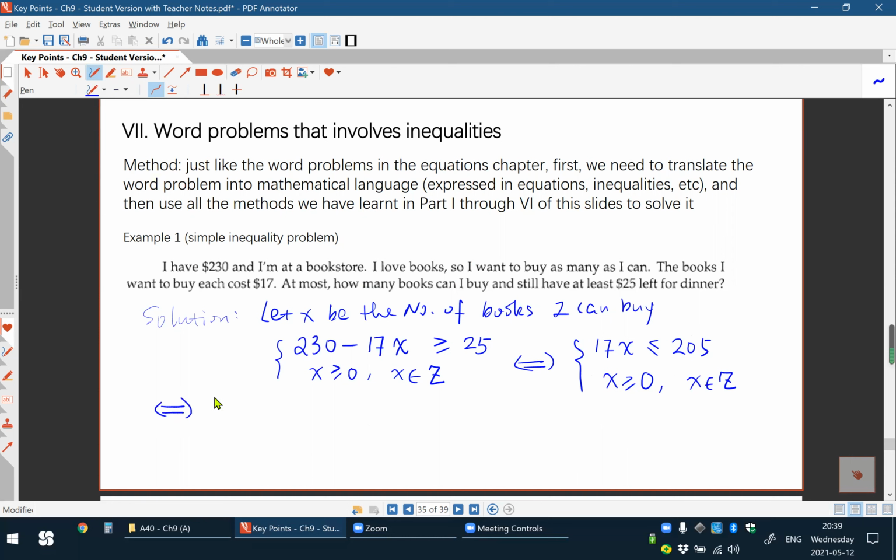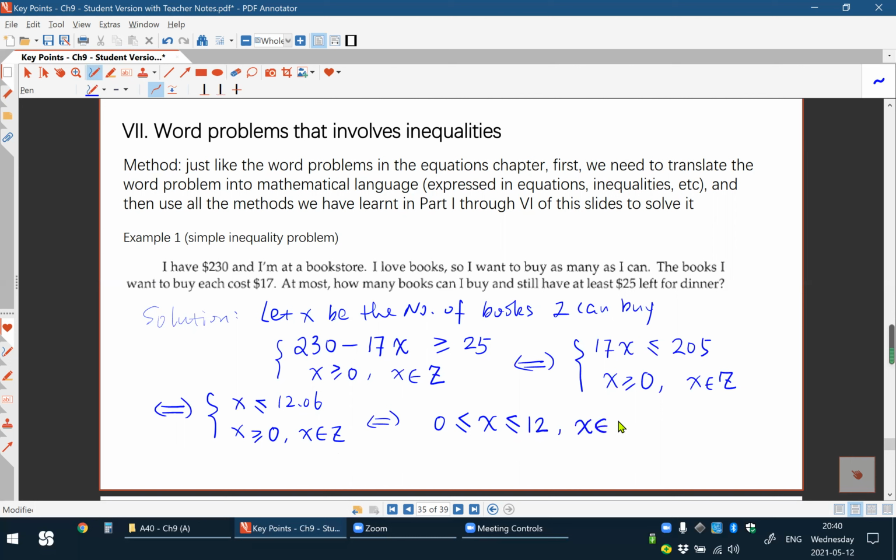So this is equivalent to, first of all, x is smaller than or equal to 12.06. Next one is x is larger than or equal to 0, and x belongs to integers. Okay, so by combining this, x is within this region, 0 and 12.